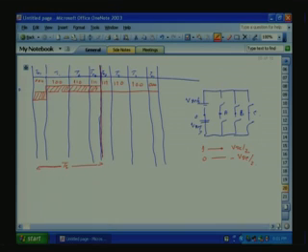The next sampling period, again 1 continues. Again 1 1 0, it will go like this. Again 1, next is 0.